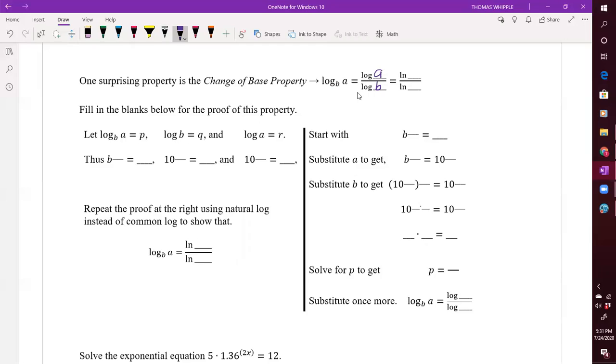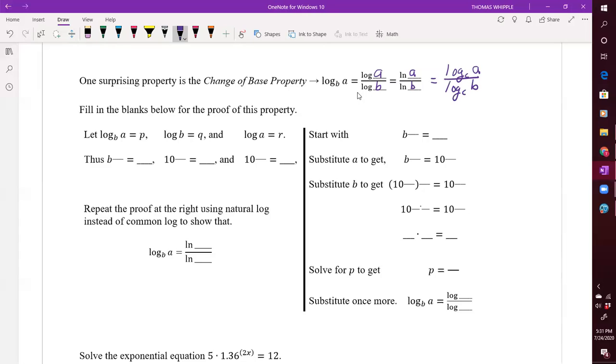This is the common log I'm showing here, but it would also equal the natural log of a divided by the natural log of b. In fact, it doesn't really matter what your base is as long as it's the same. It would equal the log base c of a over the log base c of b.